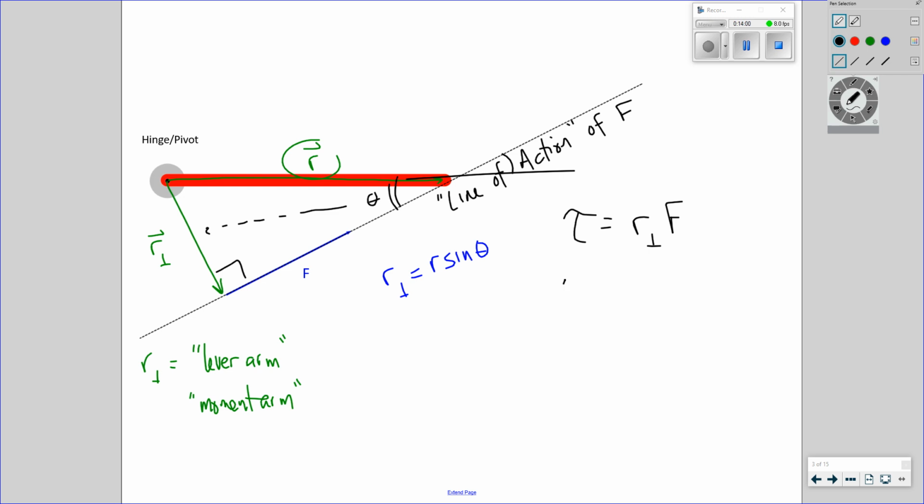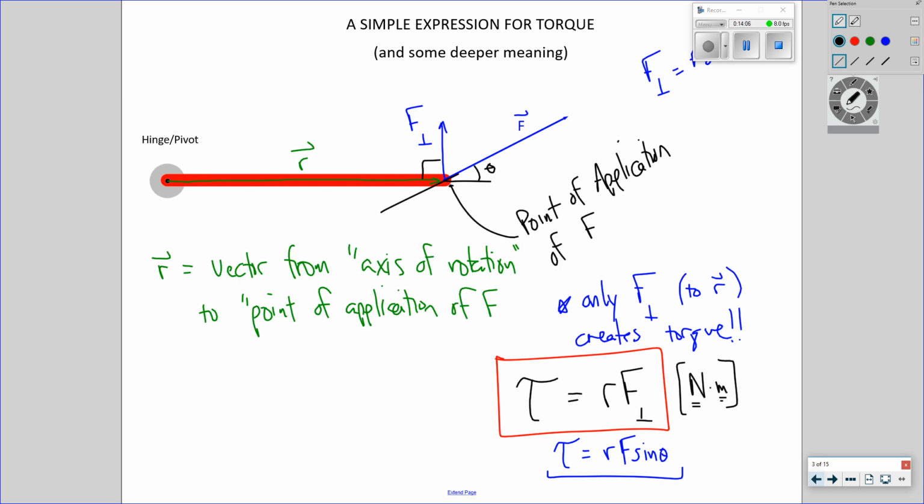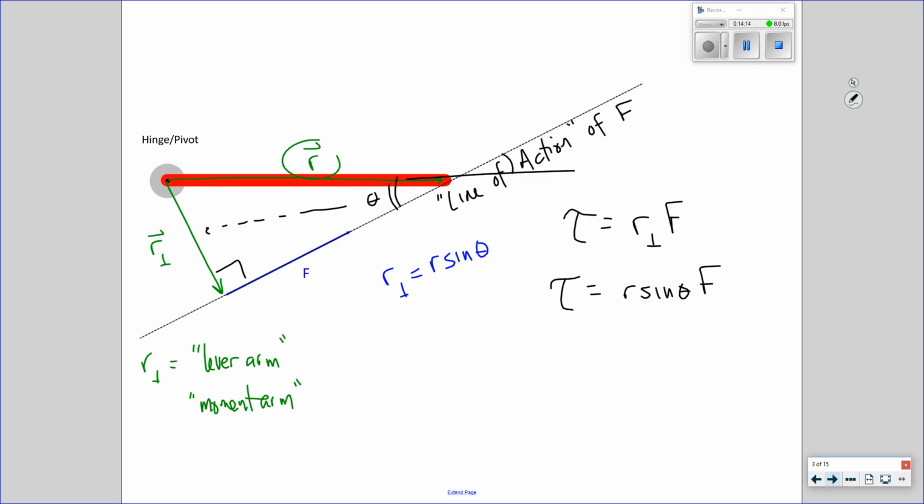So if we rewrite our torque statement, we get r sine theta times F, which is the same thing as r F sine theta. The order in which we multiply things doesn't matter. So effectively, if you take the whole force and the whole r and multiply by the sine of the angle between the two vectors, that's how much torque a force will produce.